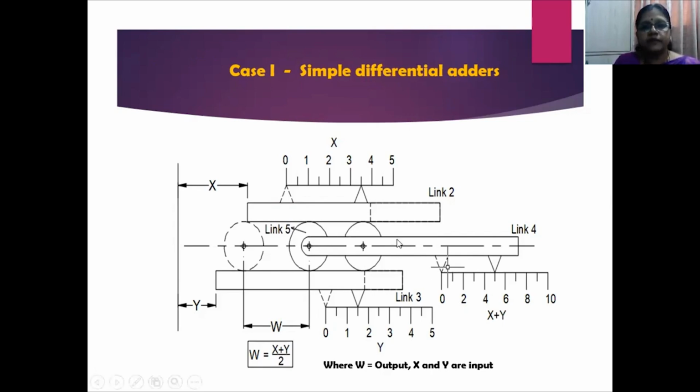And you have link 4, another movable bar, which in turn is connected to link 5, rollers. So link 2 and link 3 will act as guides to link 4 over the link 5. Now here, scales are fixed for each link 2, link 3, and link 4 in order to measure the displacement of these links under the given conditions.